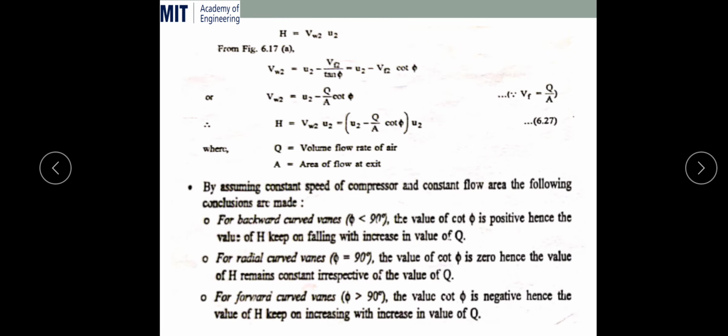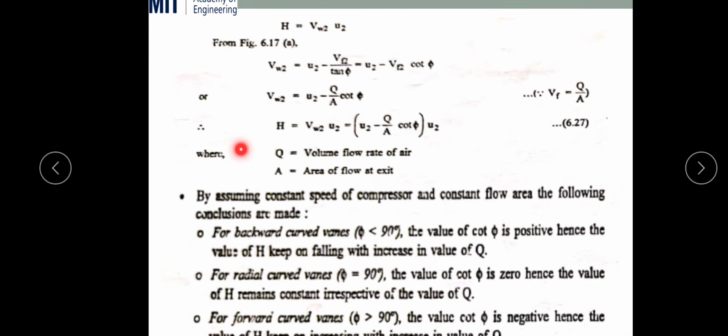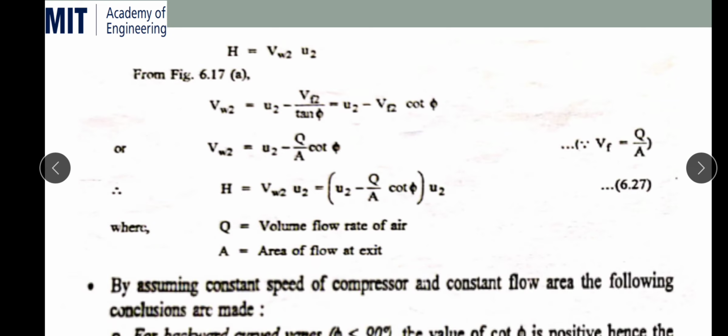So we know that capital H is equal to VW2 U2. Capital H is for what? It's the net head or Euler head. We know we have to do the work in the compressor against this particular head. So this head H is also called the net head VW2 U2. Okay, this is called the Euler head.